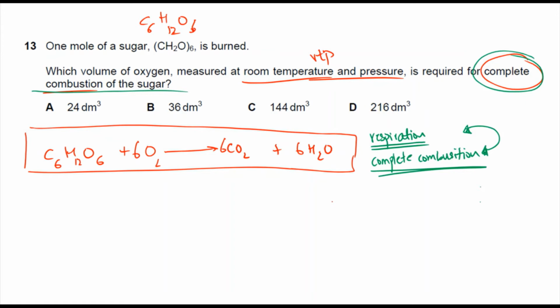Because in O levels all you are told is this simple equation, but when you go into A levels you will see that the reaction is much more complicated than just this. This is an overall equation written for you for respiration. In reality there are many steps and interconversions, and only then do 6 carbon dioxide and 6 water molecules form. So respiration is not just this equation, it's much more complicated.